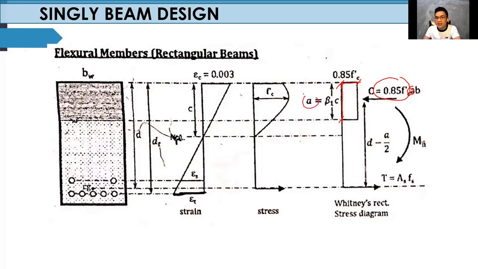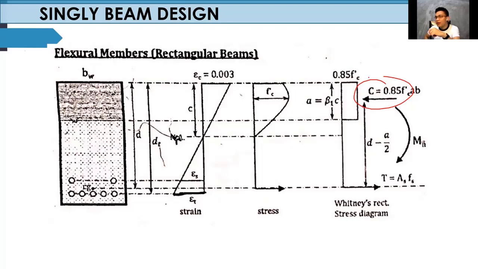Diba? Kasi yung A natin, then per unit length tayo, or per B length, so therefore, multiplied by B. Ayan. So, saan galing si B? Ito yung B natin. So, that is our capital letter C. That is the force coming from our compression na block. Okay. So, therefore, ayan that is our compression force.